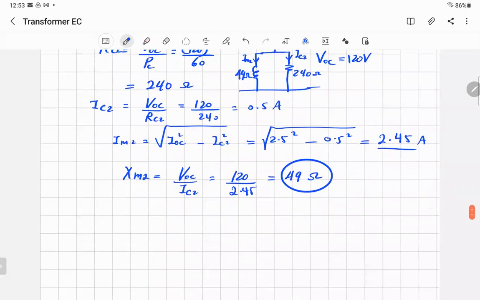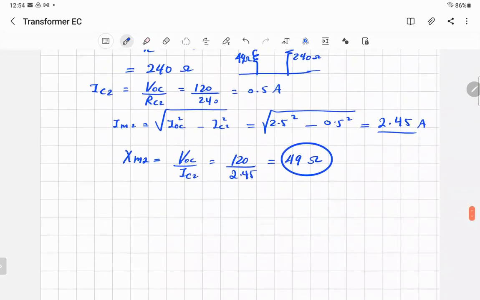So let's say that in the problem they ask you to find the equivalent circuit on side 1. From now, how will you do that? You are in 2, you want to go to 1. So you want to find RC2 referred to side 1, let's call it RC1, and you want to find XM1 instead of 2.